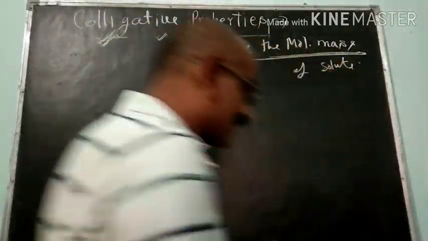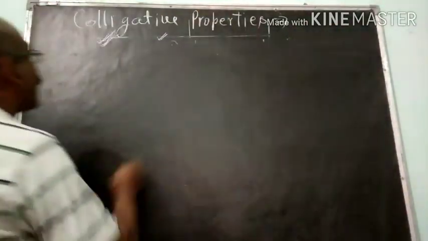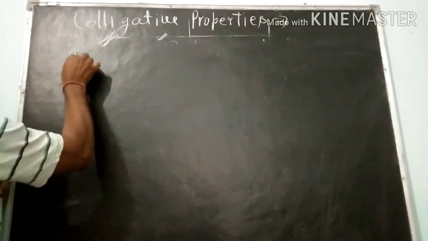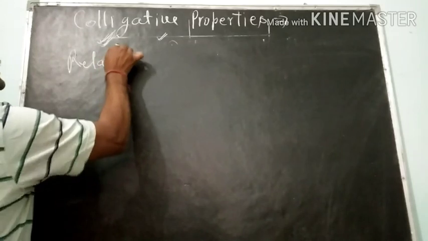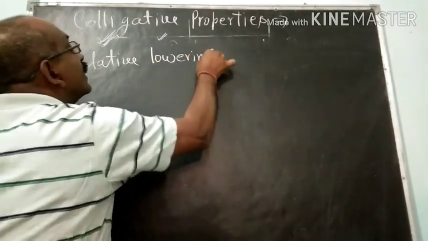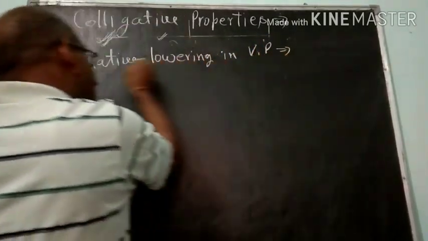Now we'll discuss one of the colligative properties, and it is relative lowering in vapor pressure.